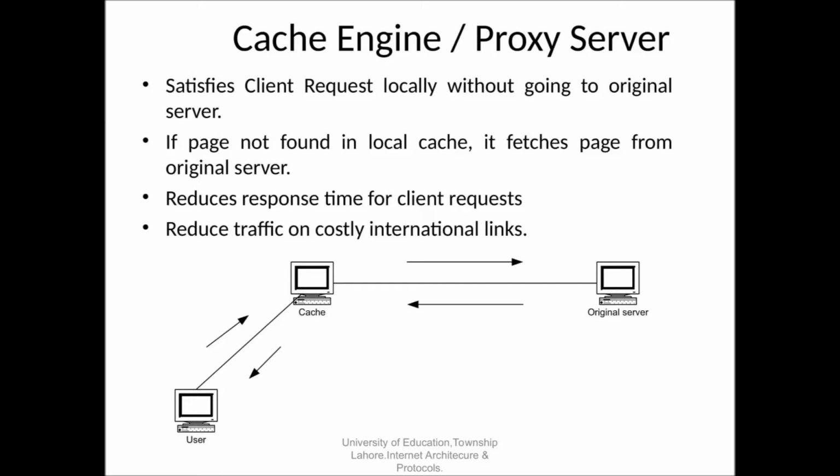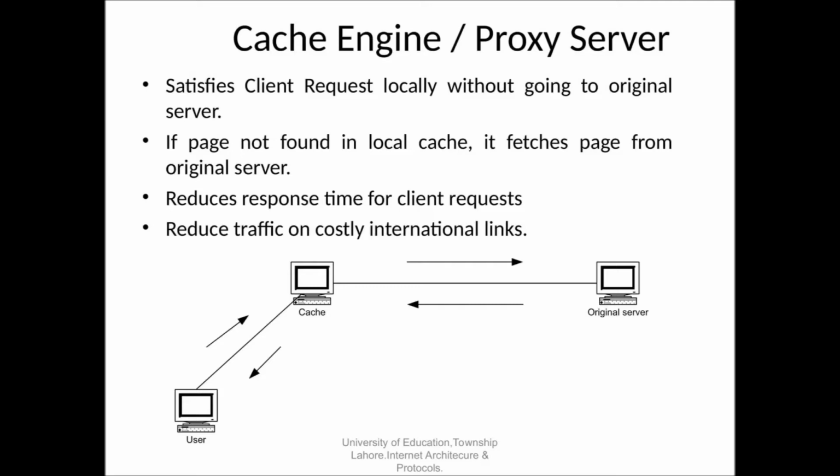In this first point, the concept is that if a user requests a specific web page and that web page is available locally in the cache engine, it is served from there. What is cache? In our system there is a small, fastest memory which is called cache, and there are three levels of cache: level 1, level 2 and level 3.